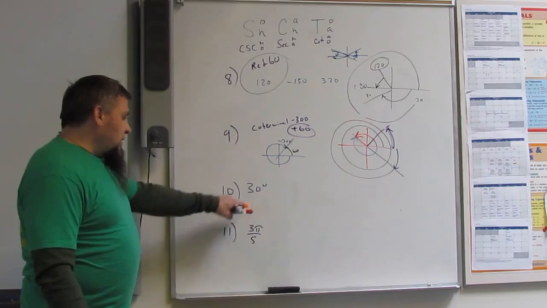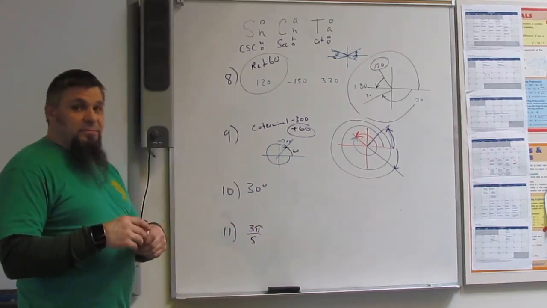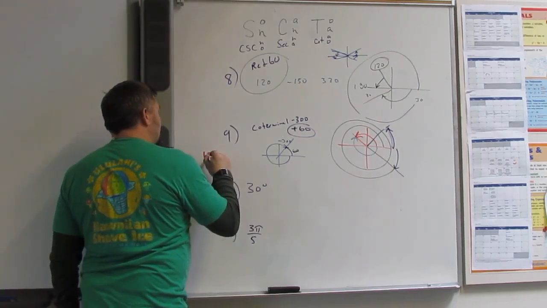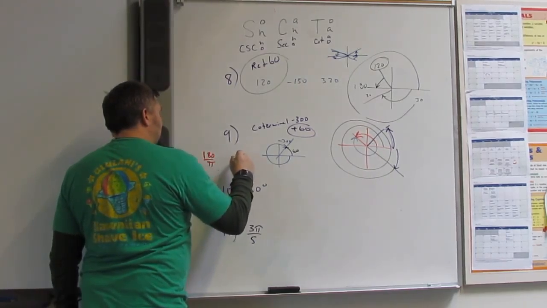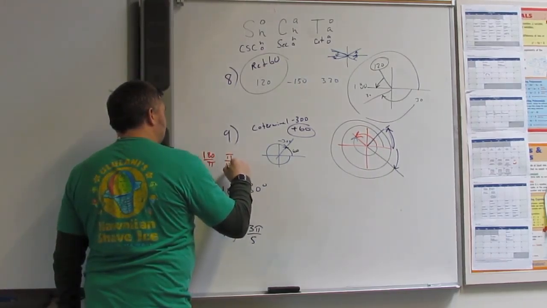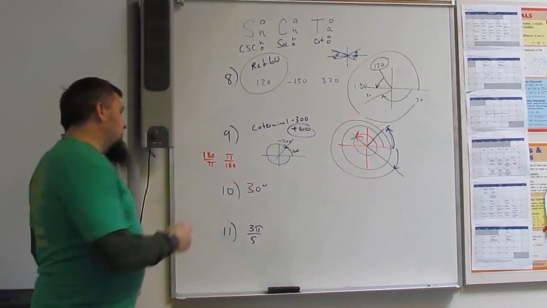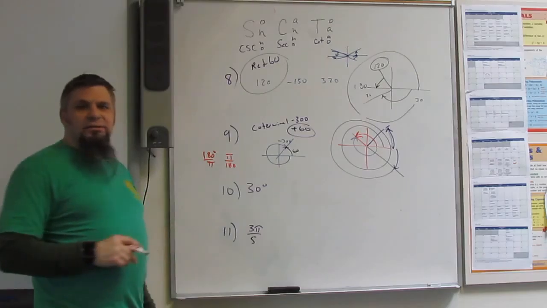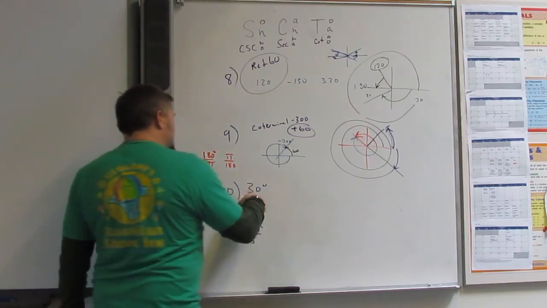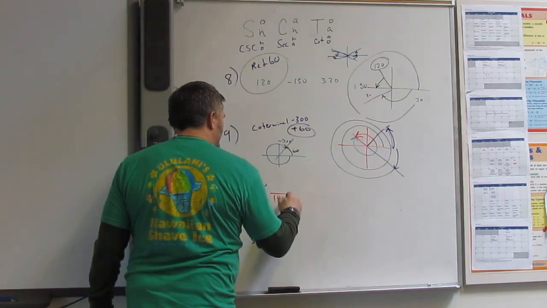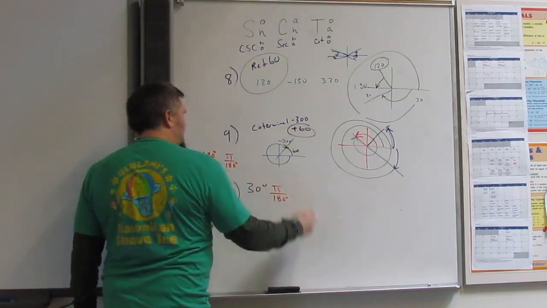Now, I need to change this to radians. Remember this? So I'm either going to use 180 over pi or pi over 180. The thing is, the 180 is in degrees, so if this is degrees, I need to be multiplying it by 180 on the bottom and pi on top.